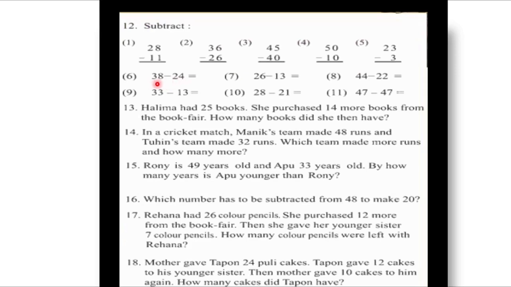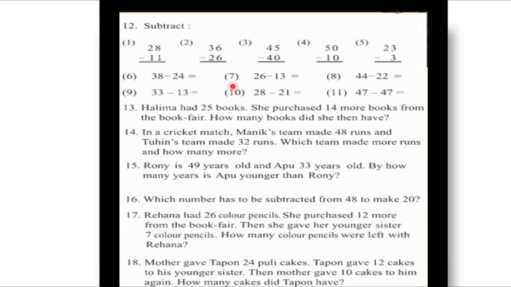So when we subtract 4 from 8, that means 8 minus 4 is equal to 4, and that is why you should write a 4 on your right hand side here. And here 3 minus 2 is equal to what? You know that 3 minus 2 is equal to 1. So finally the answer of question number 6 will be 14.